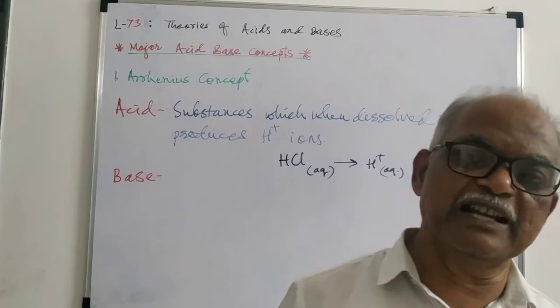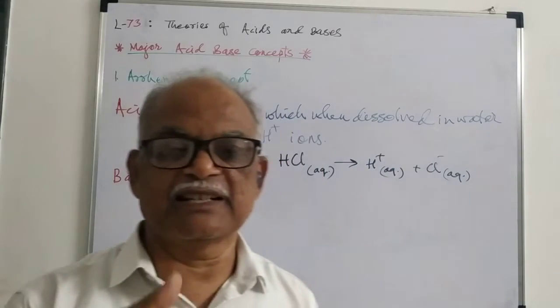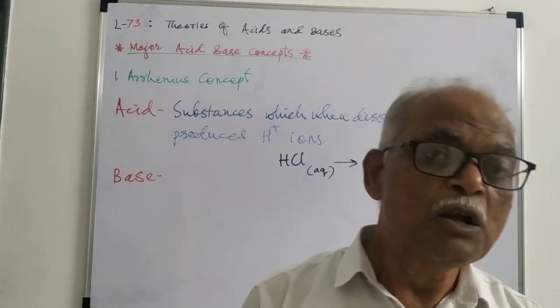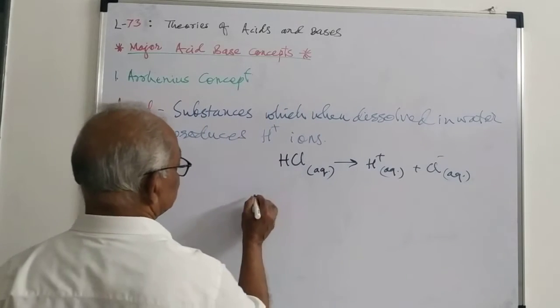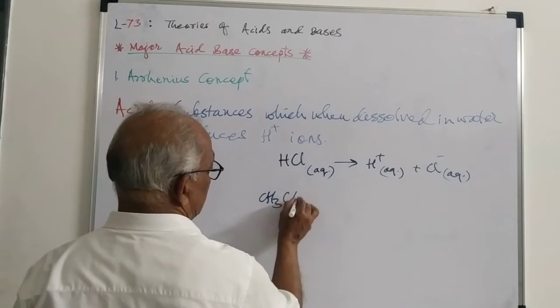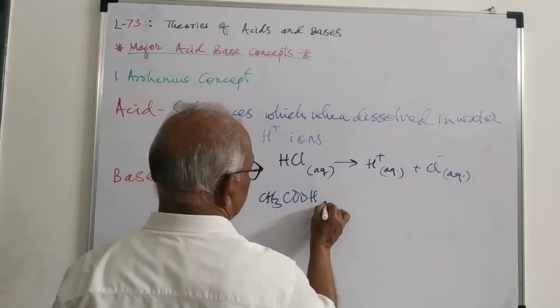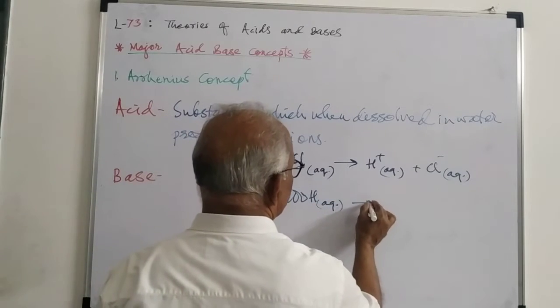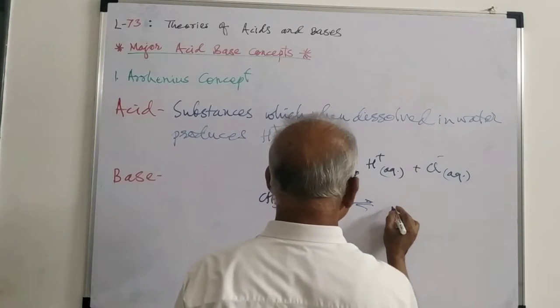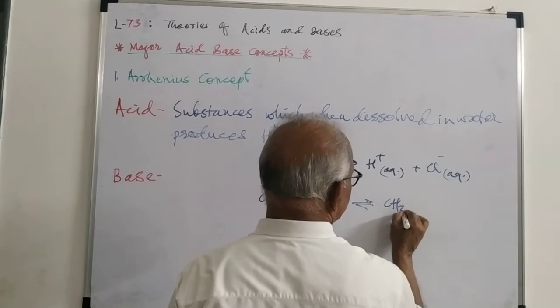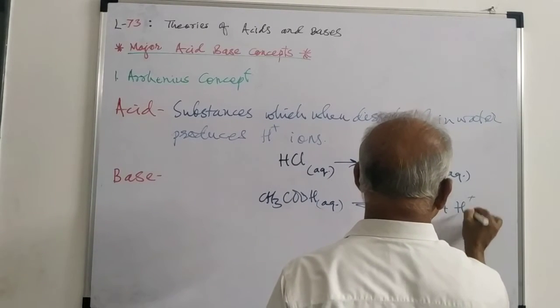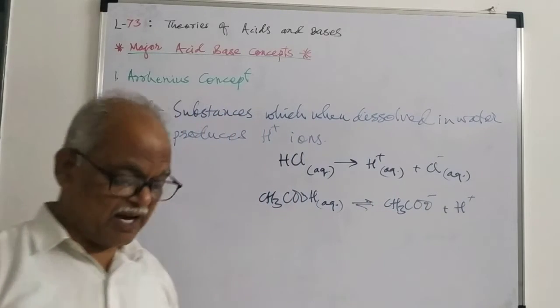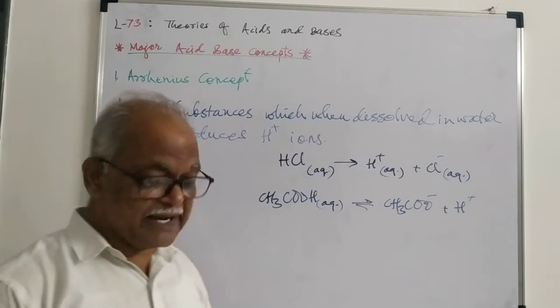We can have a number of such examples, even organic acids such as acetic acid, CH3COOH, which when dissolved in water dissociates into CH3COO minus plus H plus, also aqueous ions.